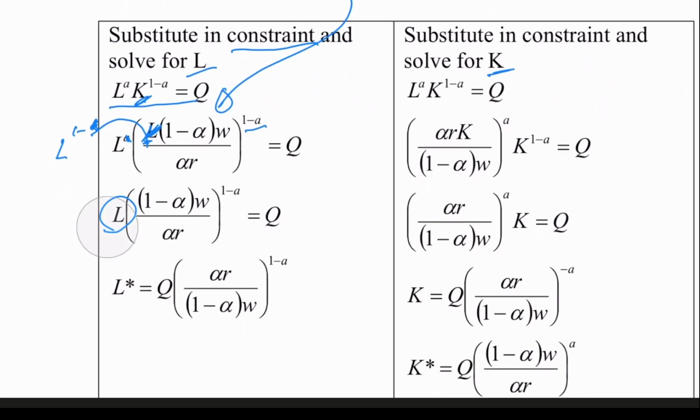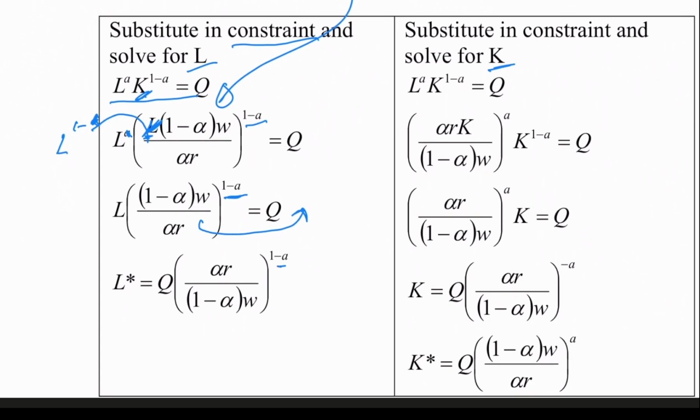Final step is that I move this whole expression inside the parenthesis to the other side. If I do that, then these would flip signs, but they're still standing with the same sign here. So what I did here was that I flipped these instead. So you can see that here we have alpha R in the denominator.